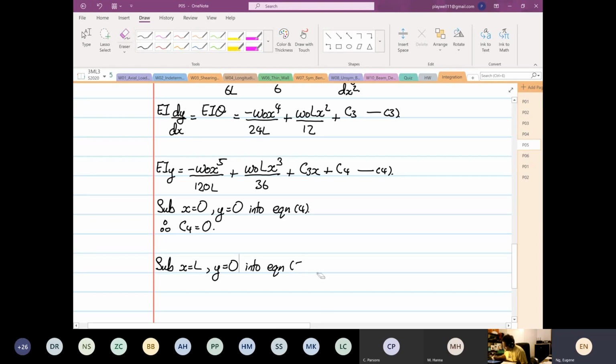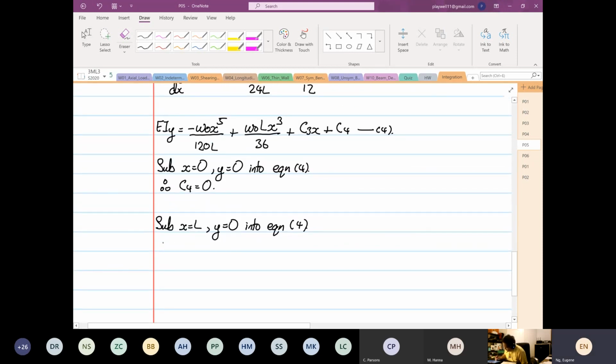So this will be 0 equal to minus omega naught L^4 over 120 plus omega naught L^4 over 36 plus C3L.